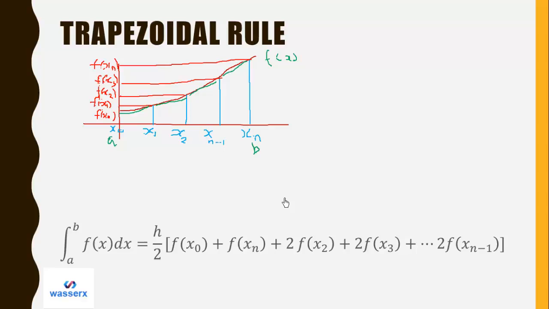That is the first ordinate and the last ordinate. And the h here is the height of the trapezium.